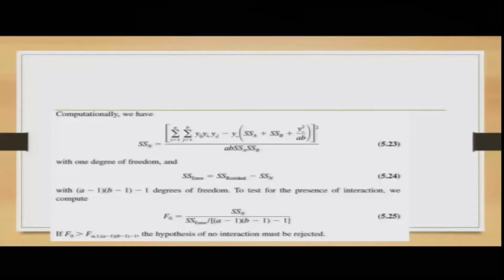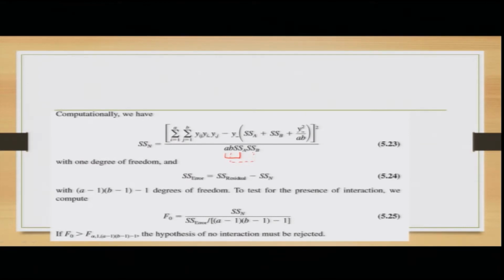The combination is not there. They would be multiplied by their corresponding degrees of freedom: SS suffix a would be multiplied by a, and SSB would be multiplied by its degrees of freedom b.